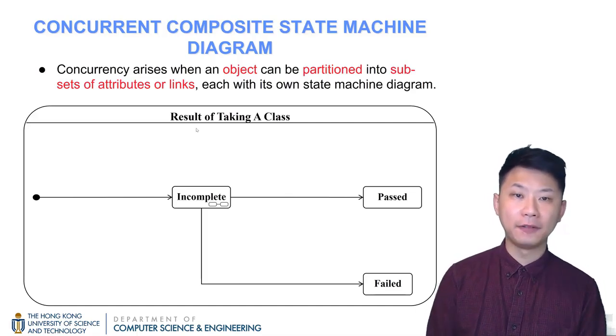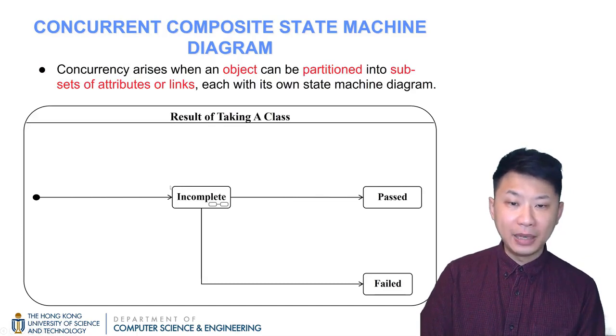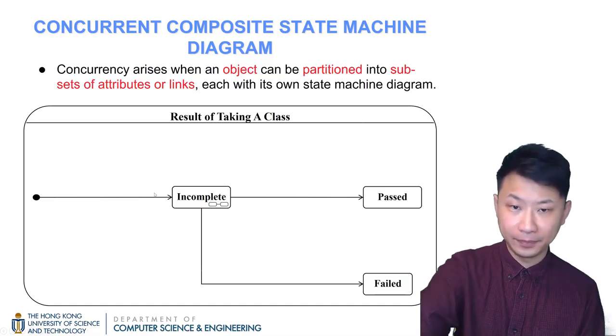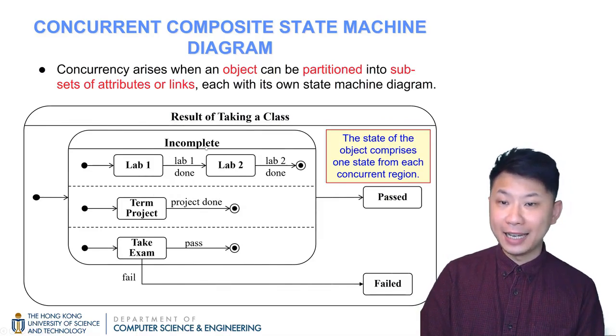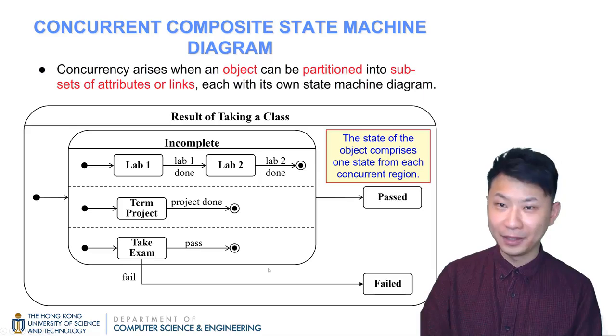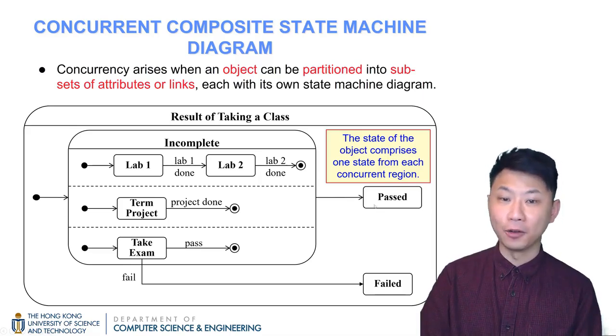We may also have a concurrent composite state machine diagram. Again, in this incomplete state, we have an icon here, and this icon denotes that this is a composite state machine diagram. And now you can see that within this incomplete state, we have to do several things at the same time, concurrently, in order to, for example, pass the course.